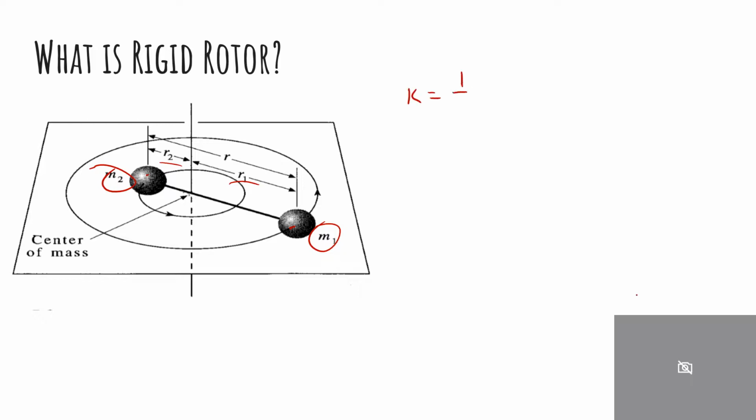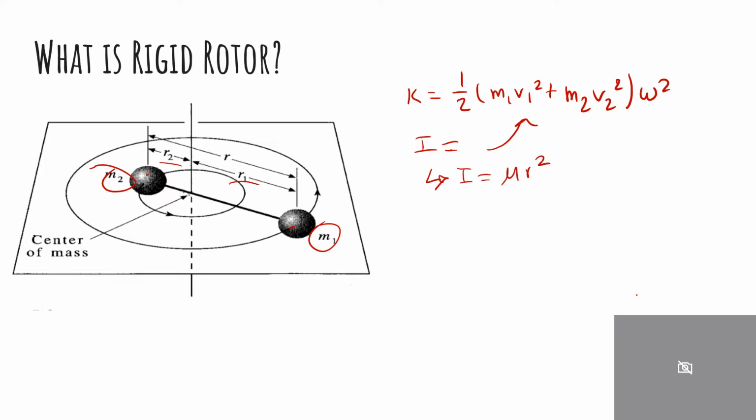From what we have here, we could calculate the kinetic energy of the rigid rotor, which is equal to K = 1/2 (M1 V1 squared + M2 V2 squared) omega squared. The value within the parentheses is also known as the moment of inertia, which can be denoted as I = mu r squared, since the location of the center of mass is given by M1 R1 = M2 R2, and we're given that R = R1 + R2.